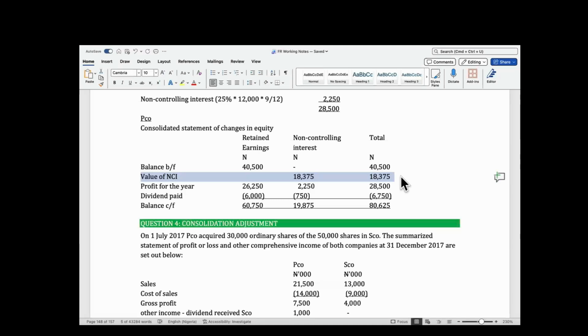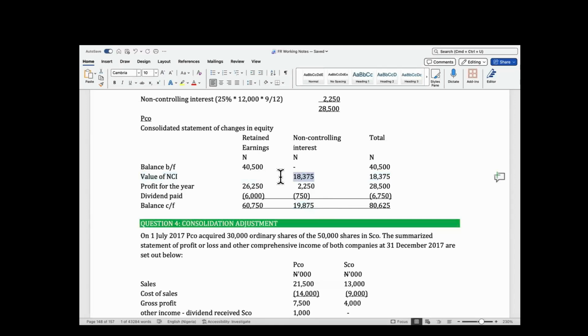And you would always calculate value of NCI usually when we just acquire the subsidiary that year. When you're just acquiring the subsidiary that year, you will need to get, okay, what's the value of my NCI? After that, you won't need to calculate it again because you just need to carry it forward and just be doing profit for the year. So this value of NCI is particularly relevant if you just acquire the subsidiary.